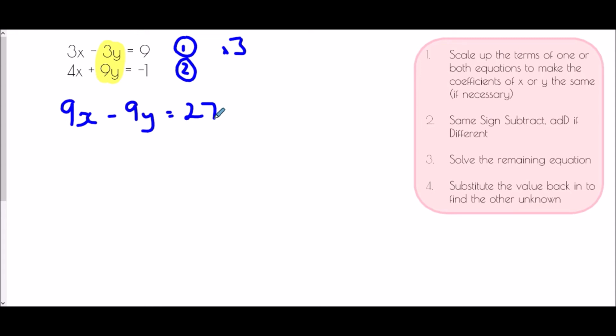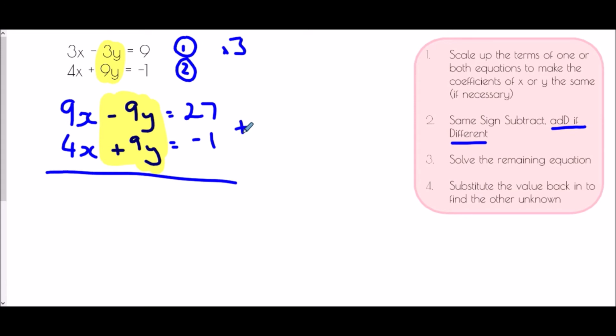Let's bring back the second equation, which was 4x plus 9y equals -1. And so now we want to just check in terms of the y's. We're on to step 2, same sign, subtract, add if different. Well, we obviously have different signs this time, and so the different signs mean we are going to add those two equations together.